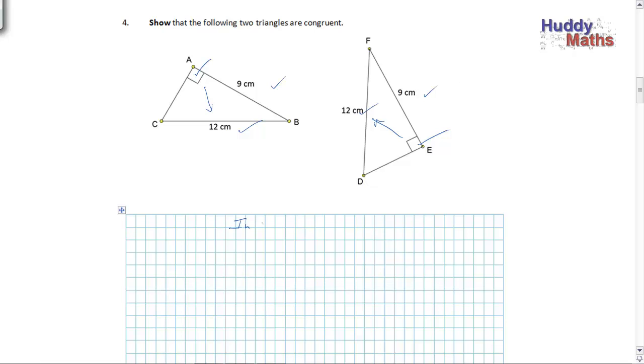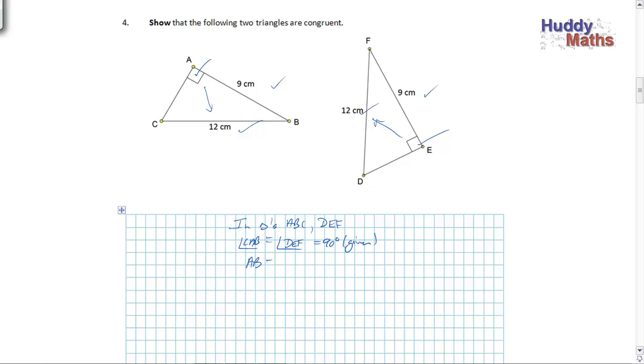So we will say in triangles ABC, DEF, just mentioning what we're going to do now. And we've got angle CAB equals angle DEF equals 90. And that was given, all these were given.